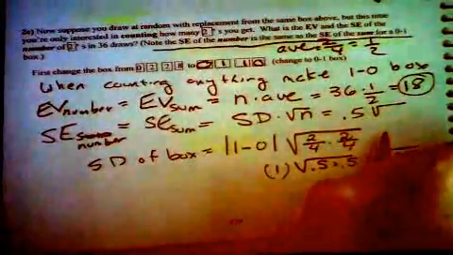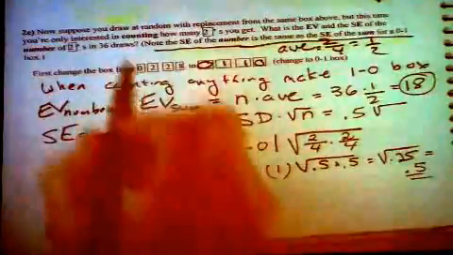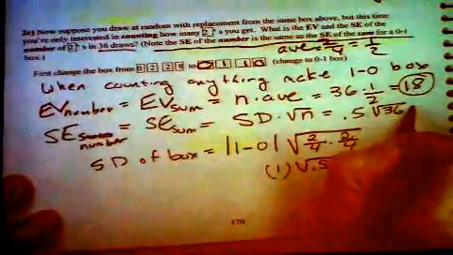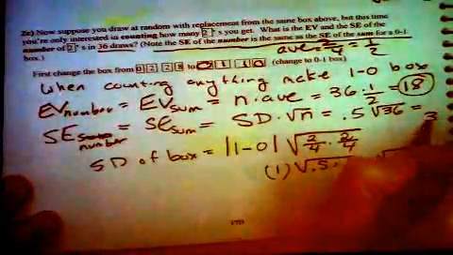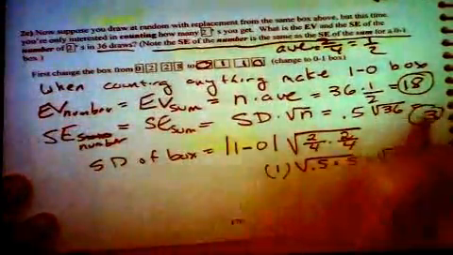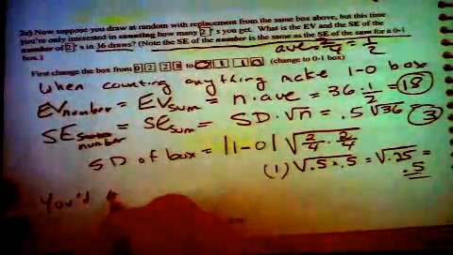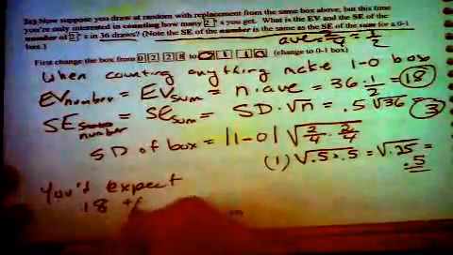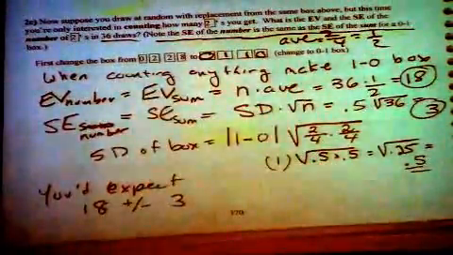You probably forgot what we're doing here. What's n? 36. So that's 0.5 times 6, which is 3. So you'd expect, this is all we're saying, 18 plus or minus 3 ones from that box, or twos from those.